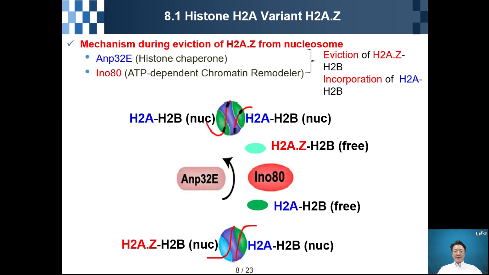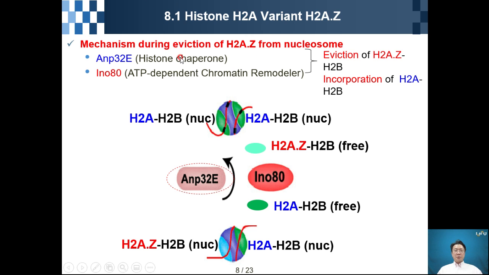In this slide, I will explain the mechanism during the eviction of H2AZ from the nucleosome. This is a nucleosome containing the H2AZ H2B dimer. During the eviction step, two proteins are involved in the eviction of H2AZ from the nucleosome. The first one is ANP32E, the histone chaperone.